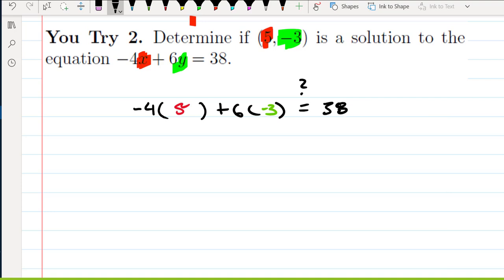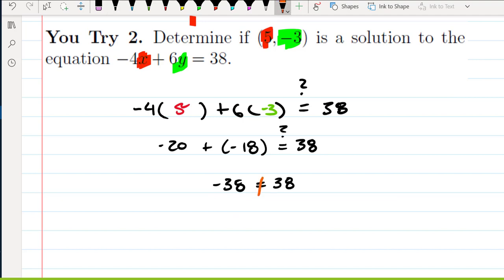-4 times 5 is -20, plus 6 times -3 is -18. We still want to know, does that equal 38? -20 plus -18 is -38, which is not equal to +38. That statement is false.